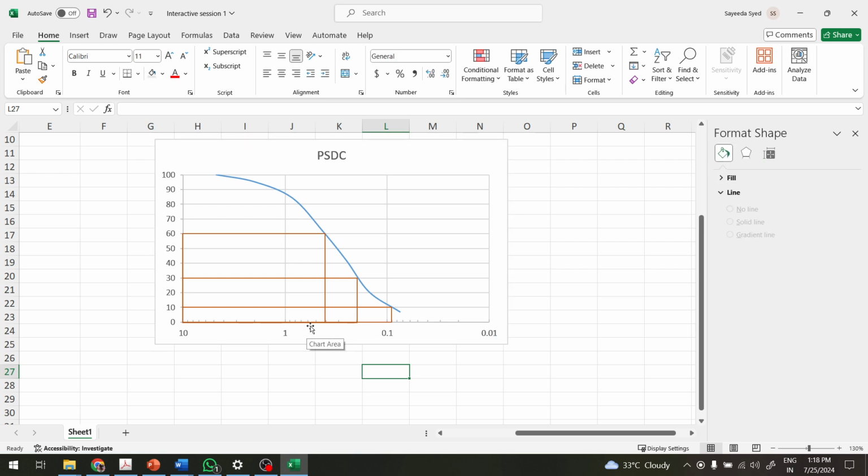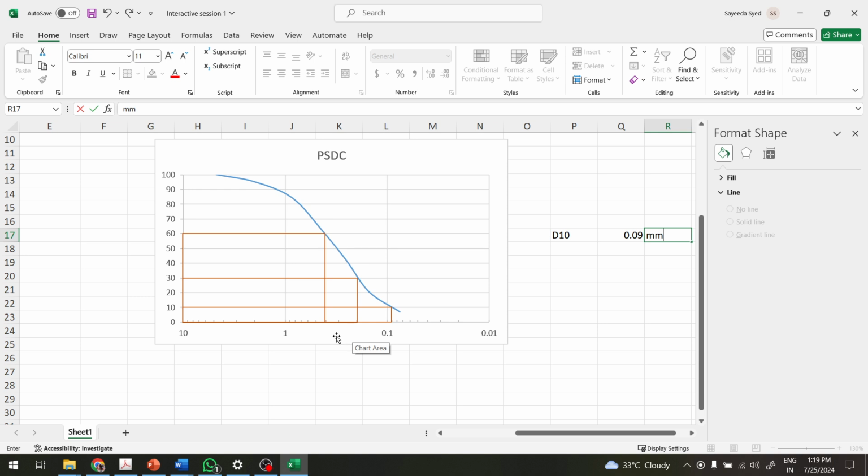Okay, so let's check if this is D10, this is 0.09. So our D10 will be 0.09 mm, and this is D30.